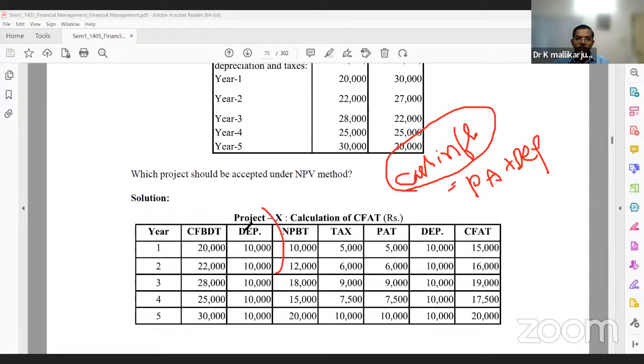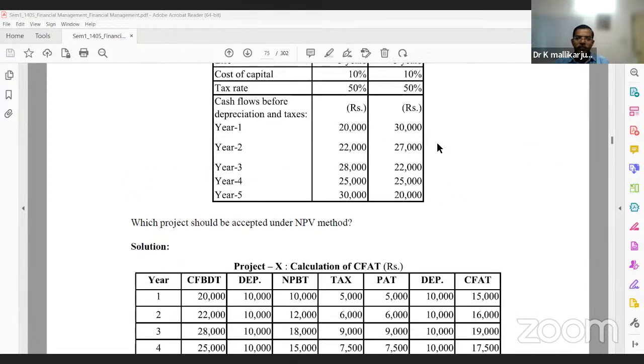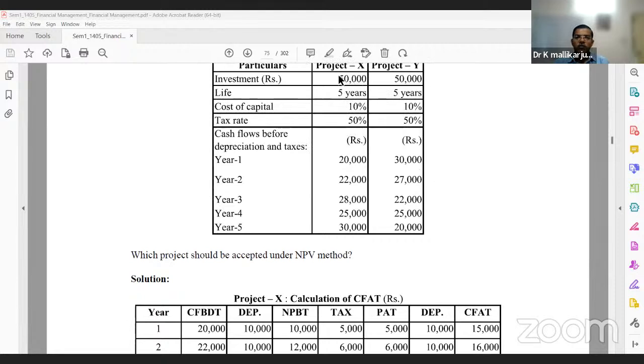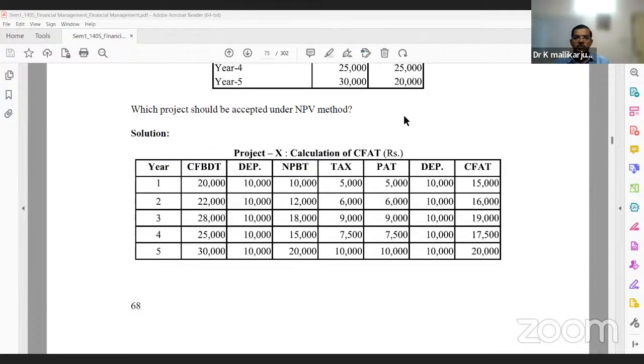First, we reduce the depreciation. How do we calculate the depreciation? The plant value divided by the life of the plant: 50,000 rupees divided by 5 years. So every year the depreciation amount is a fixed 10,000.